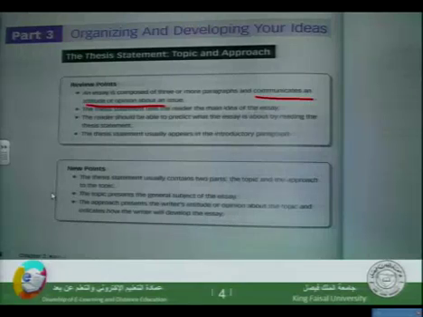Once the reader catches the thesis statement or topic sentence about football being the most popular game in the Middle East, he or she should expect you to give more information about how and why football is the most popular game in the Middle East.